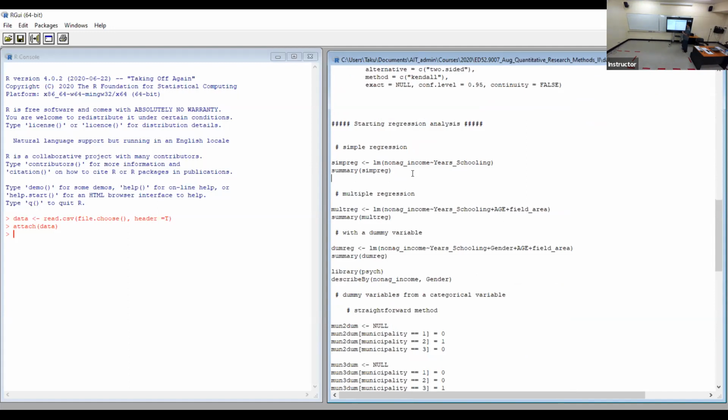The second line is to show the calculation done in the first line. In the first line, I just named the result simpreg, for simple regression. This name can be anything. This is an arbitrary name. You can give any name.